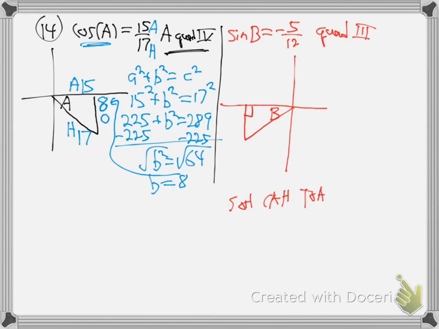So sine is opposite over hypotenuse. So this is the opposite side, the hypotenuse, the adjacent side to B. So opposite is 5. Hypotenuse is 12. Good to there.